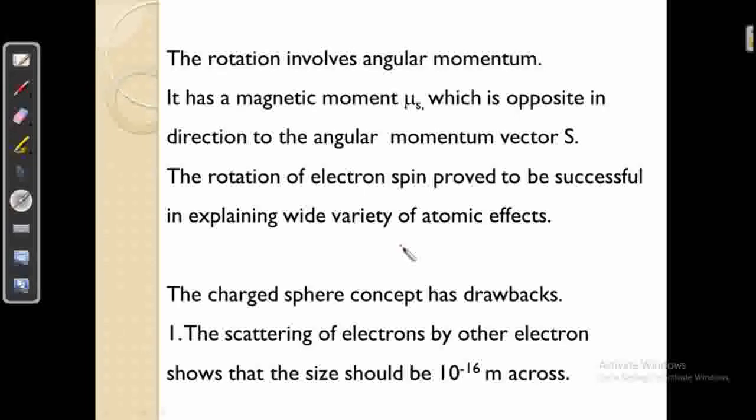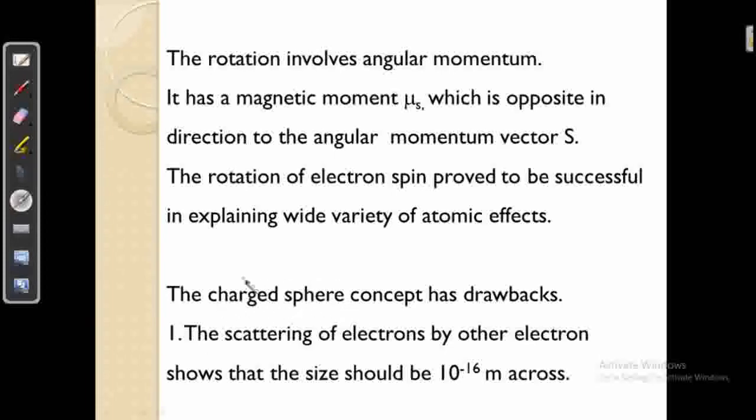But there are some drawbacks for the charged spin concept. Even though the spin concept is able to explain so many atomic effects, the charged sphere concept has some drawbacks. So there is spin, but this is not the real concept.